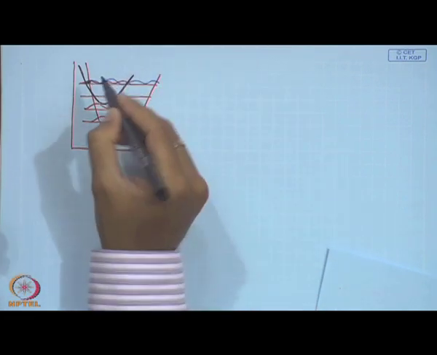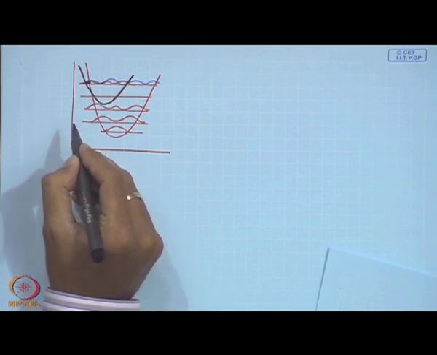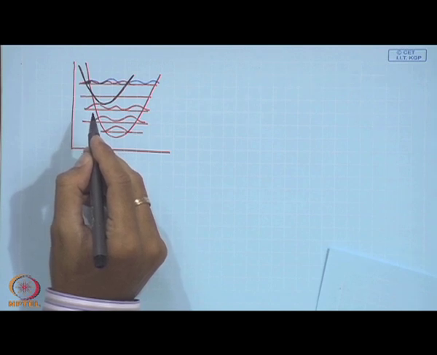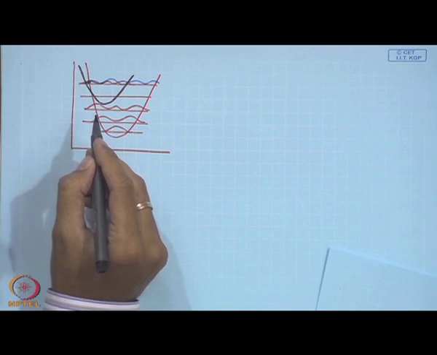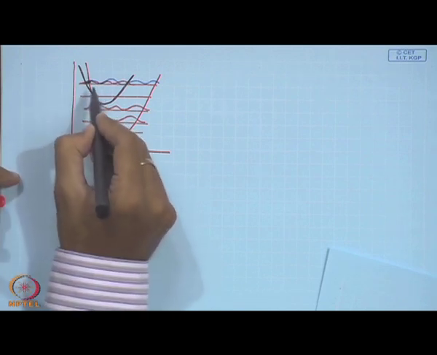Okay, so the barrier should not be high if you think classically, but if you think of this vibrational wave function, then we can see that because the barrier is thin, the overlap of the wave function is larger than expected on the basis of the barrier height.